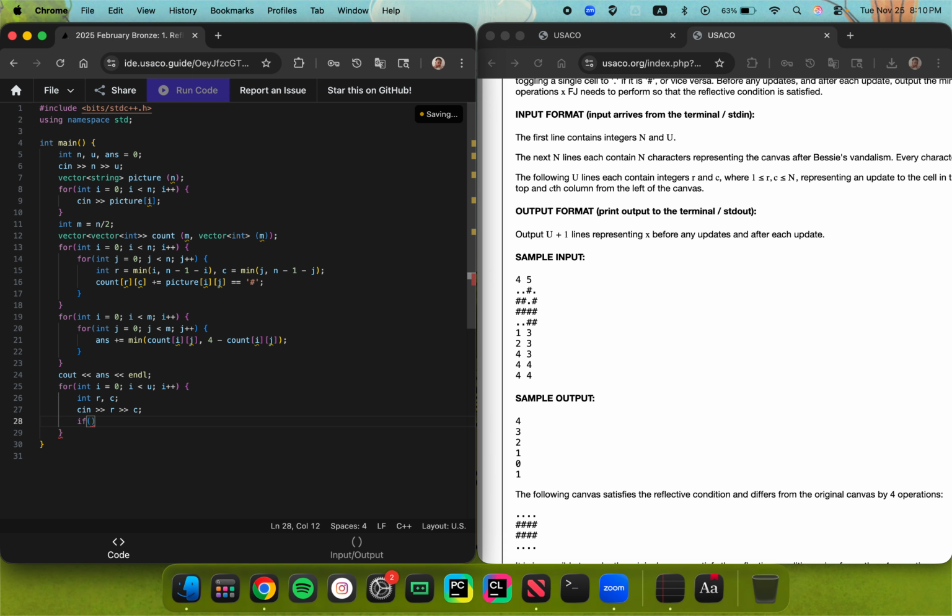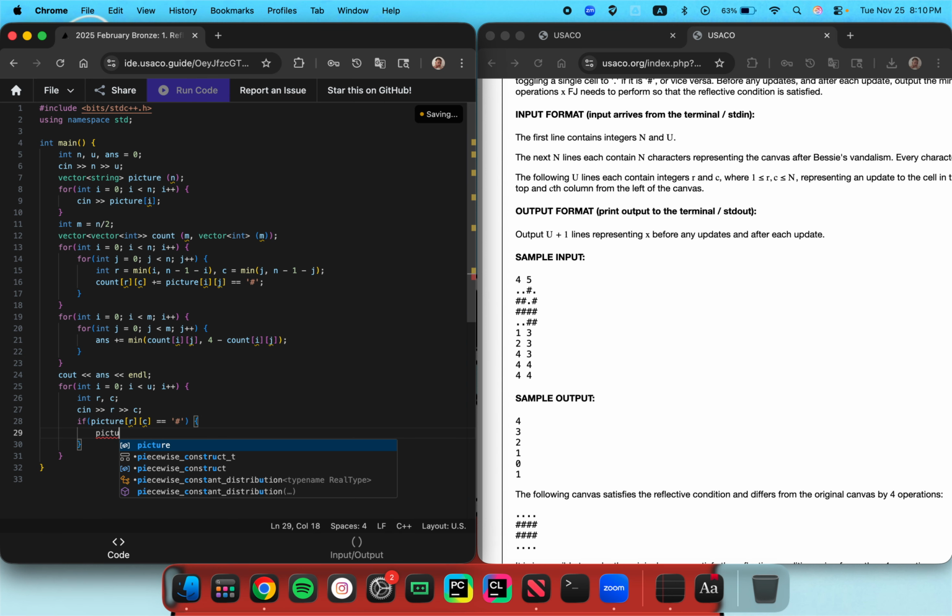So if picture r c is already a hash, no, this is not right. This is picture. If picture r c is already a hash, then picture r c becomes a dot.